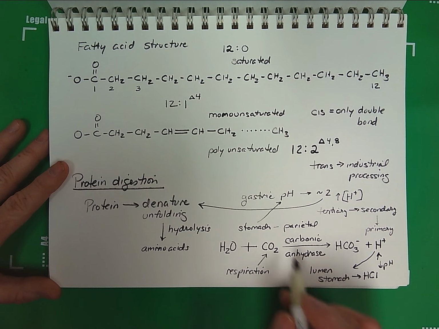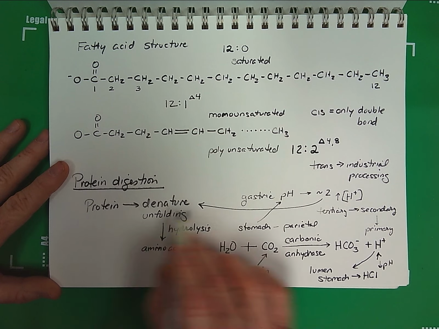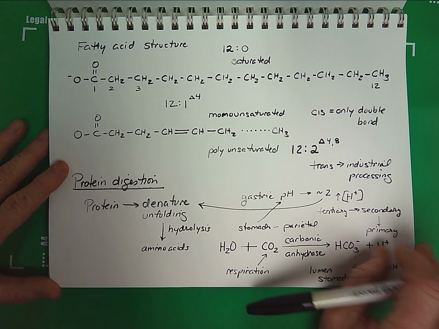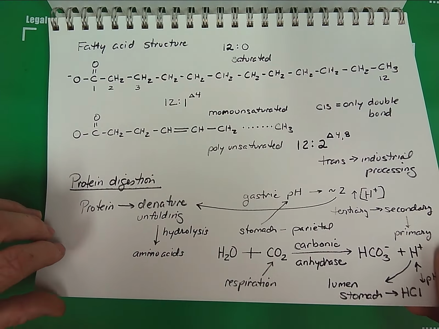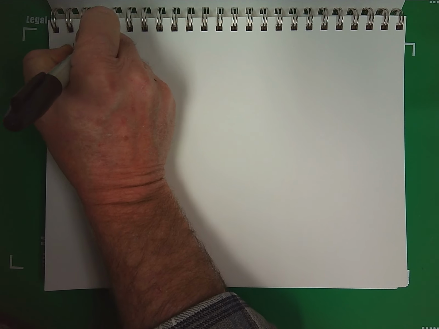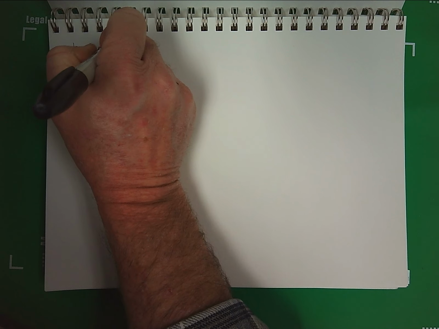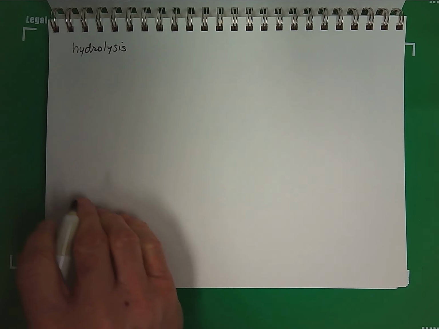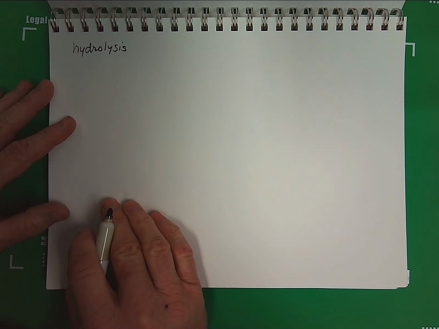So this process is by lowering the pH, which is going to unfold and denature the protein. Now once we have the protein unfolded and denatured, then we can perform our hydrolysis of our peptide backbone. In the primary structure, all of the peptide bonds are fully exposed.